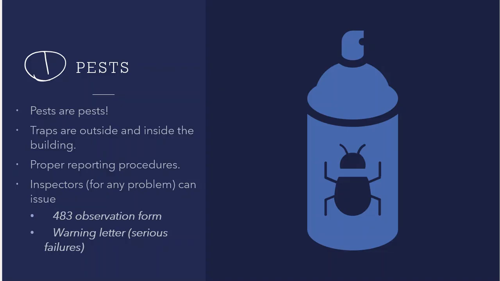So very often, it is not uncommon to find tons of traps or some type of mechanism inside and outside the buildings to make sure that you are capturing these things before they make their way into the buildings, into the facility, and into the production area. If you do see bugs, however little they might be, you do want to go through the proper reporting procedures. This is something major that is a concern yet again.